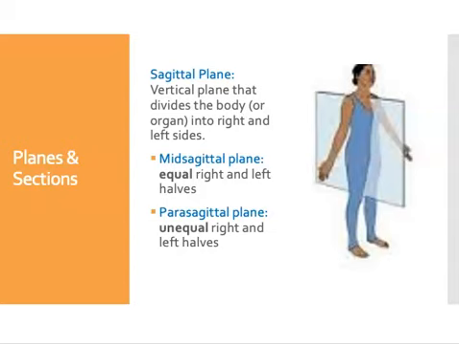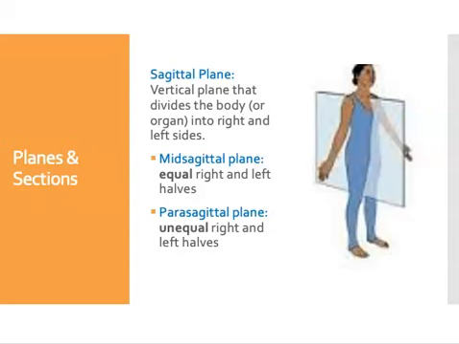We're going to switch gears now and talk about planes and sections. I mentioned the mid-sagittal plane a couple of minutes ago as being that plane that comes down right through the center of the human body when the body is facing you, and divides it into equal left and right halves.